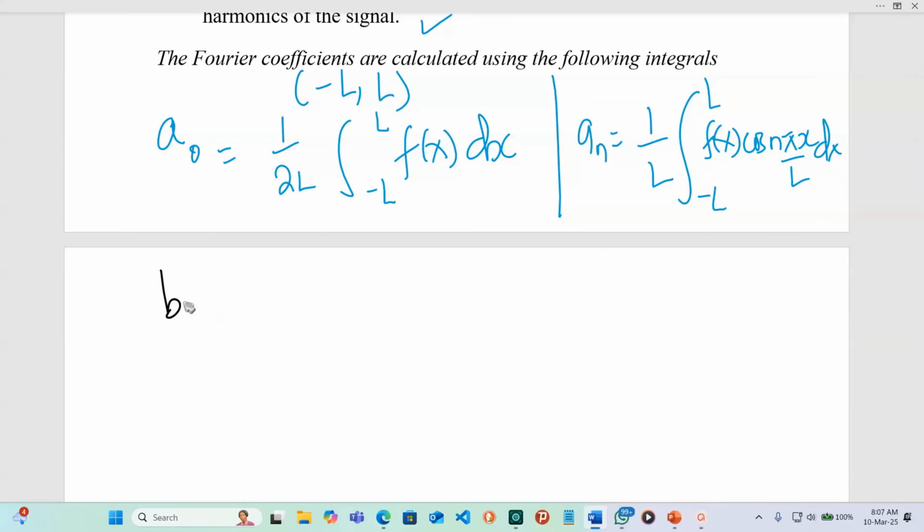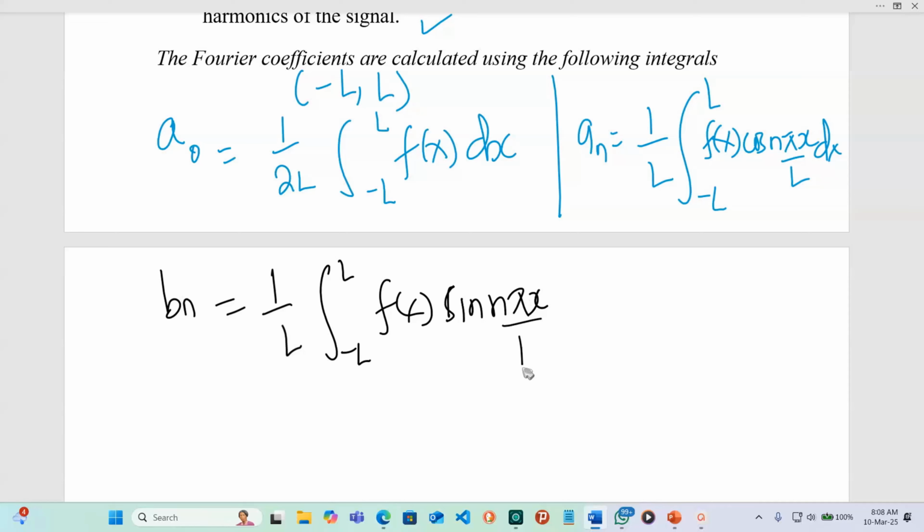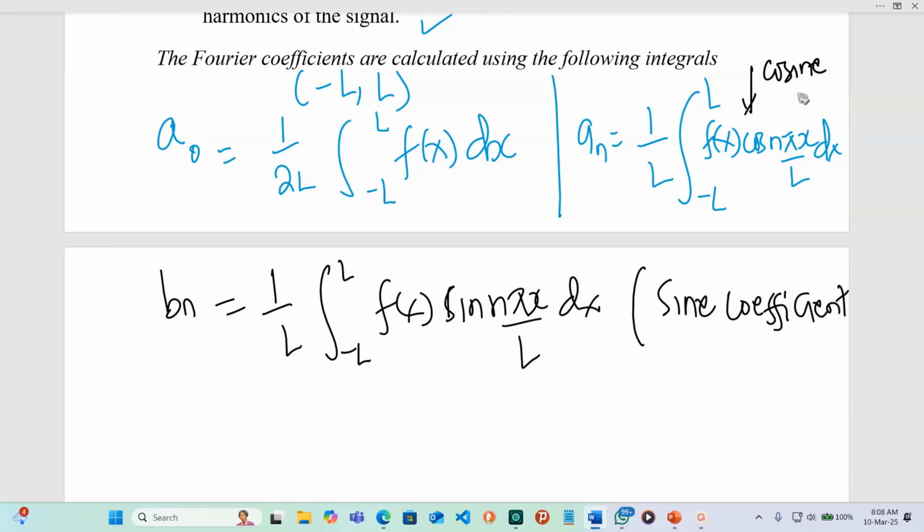Let's look at b sub n. b sub n is equal to 1 out of r, integral from negative r to r, f of x sine n pi x out of r with respect to x. That's how we can calculate b sub n, which is called the sine coefficient. So this is the sine Fourier coefficient, and a sub n is called the cosine coefficient.